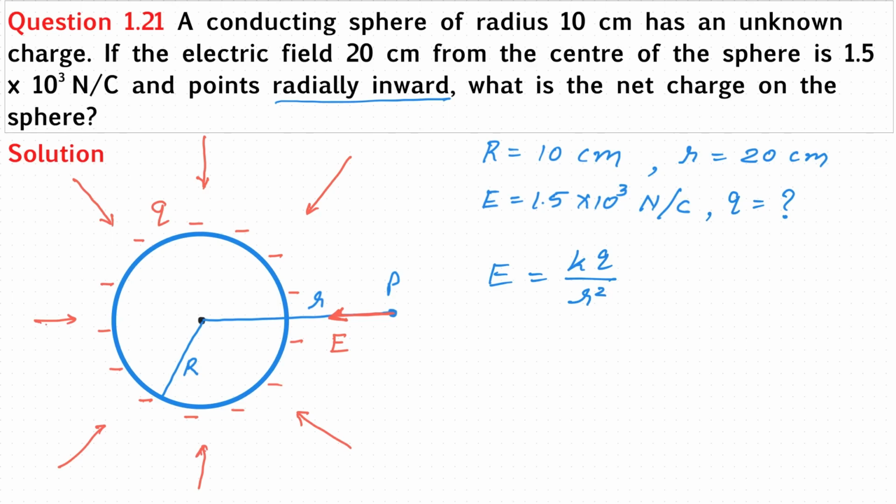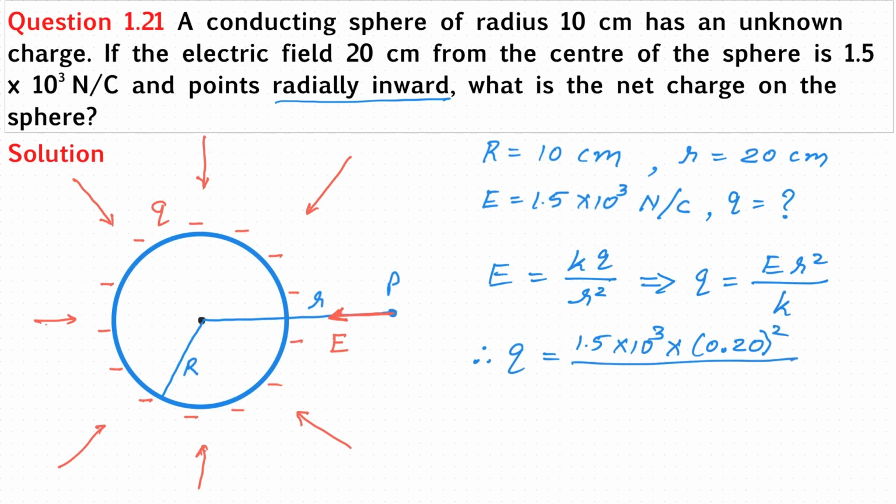So it is KQ/r², and from this we can find Q by saying Q = Er²/K. So now let us put the values. Q is equal to, the value of E is 1.5 × 10^3, and r², that is 20 centimeters, so I will put 0.20 in meter squared, divided by the value of K, which is 9 × 10^9.